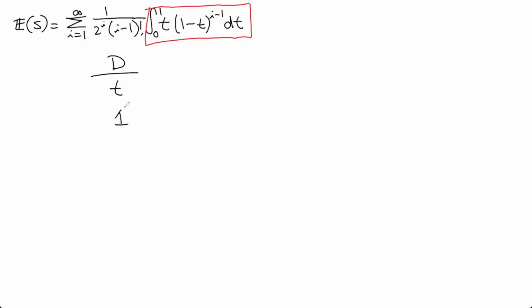So I'm going to pick t, this factor of t here, to iteratively differentiate, which will give me the sequence t, 1, 0, and then an infinite sequence of zeros. The other factor, (1 minus t) to the i minus 1, I'm going to iteratively integrate, which by basic integral rules gives you the following.